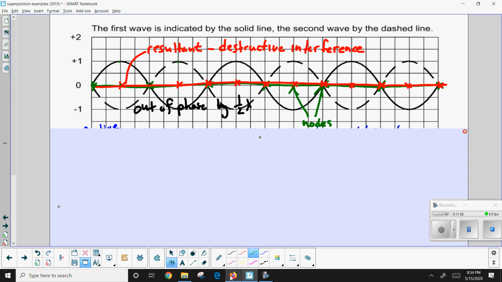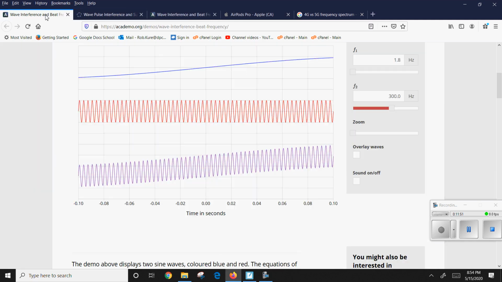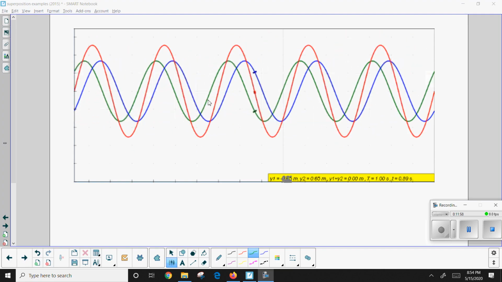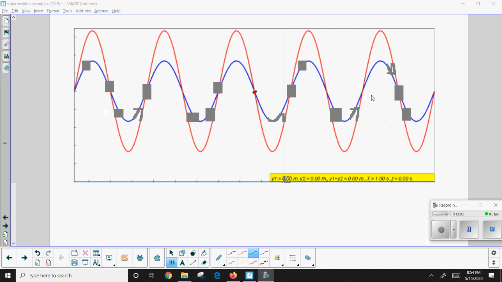Let me just show you a really cool thing. Sometimes what happens is you have the following. Here we go, I found it. So what I have here, I've got two waves. I've got a green wave going to the right, and I've got a blue wave going to the left.